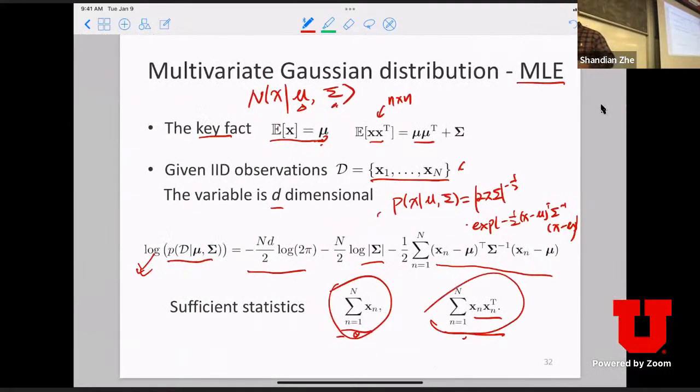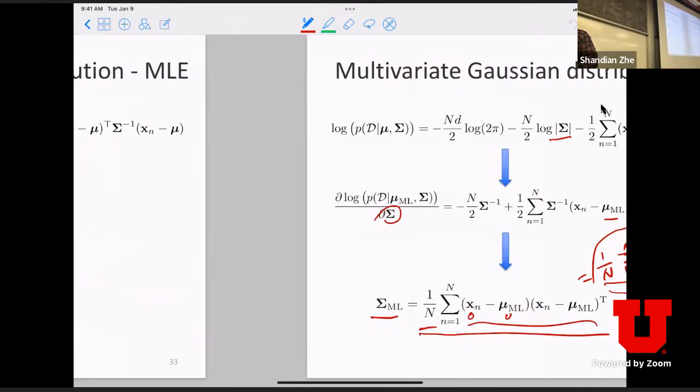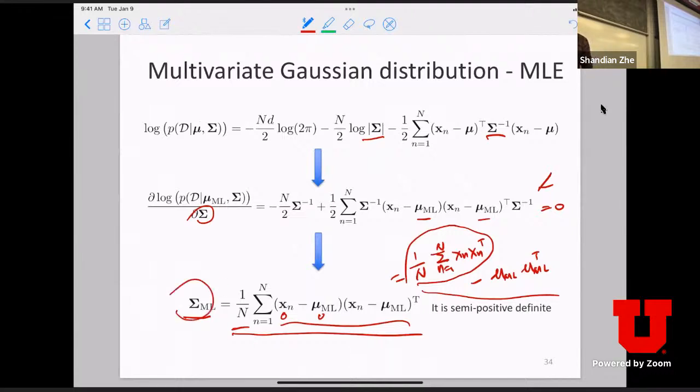So that's why by just using these two statistics, you can get your MLE estimate for mu and the MLE estimate for the covariance matrix. Another observation is that this MLE estimate is nice because it is semi-positive definite. Remember, by default, we assume your covariance matrix must be semi-positive definite. Otherwise, it's not a valid Gaussian distribution.